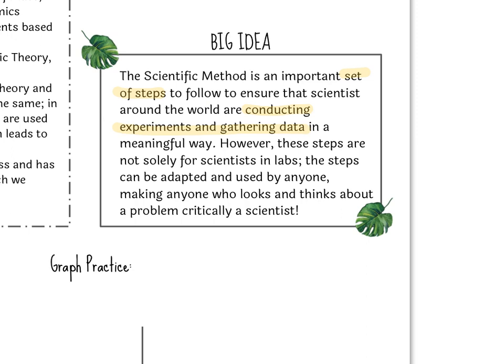So if scientists around the world are doing it, we know if they're following the scientific method, they're following the same steps that someone in another part of the world is, and that we can trust their results from their experiment.